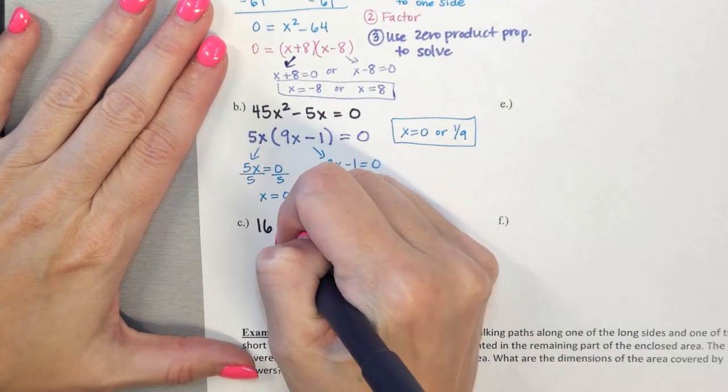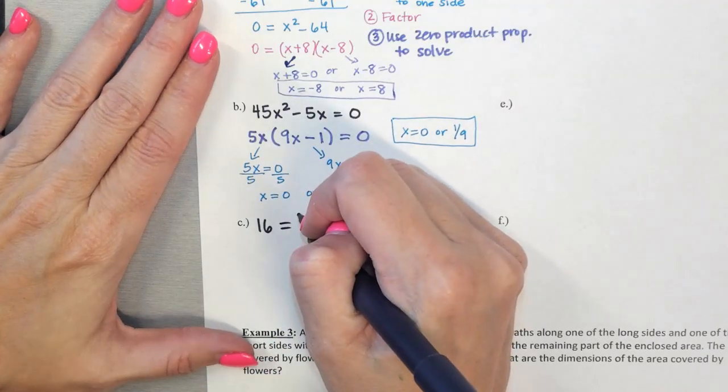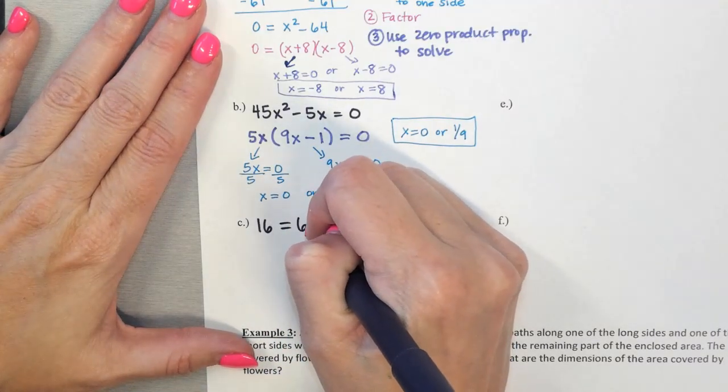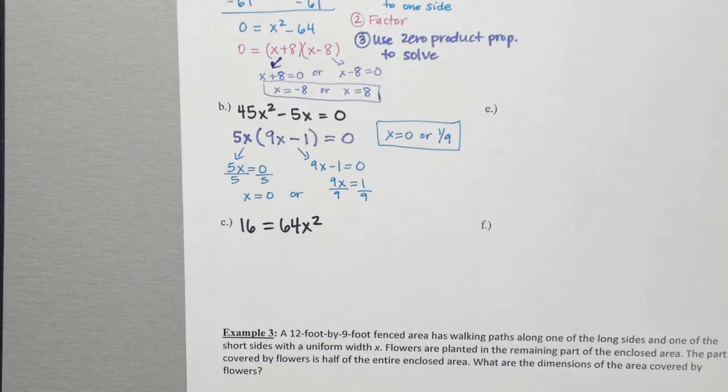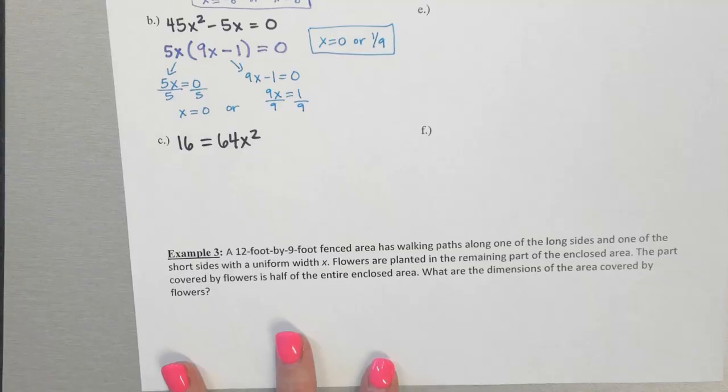Okay, let's try this. 16 equals 64x squared. Again, you're solving by factoring. You have to show the factorization here.